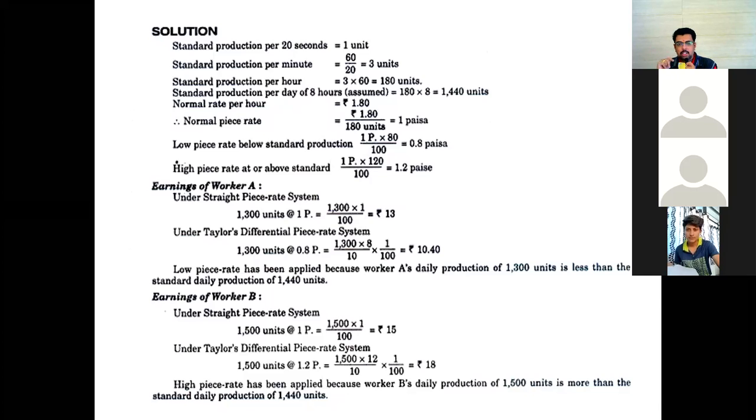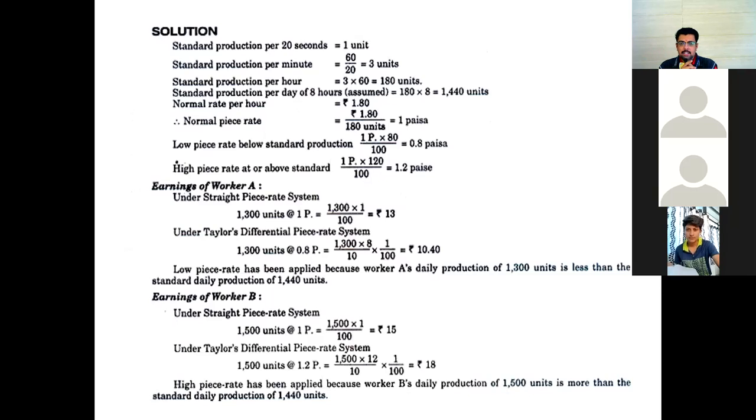So standard production per hour is 3 into 60, equal to 180 units. Then next one is standard production per day of 8 hours assumed, that is 180 into 8, equal to 1440 units. Very simple.